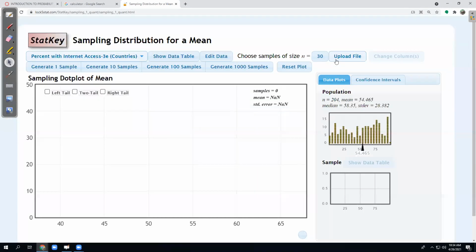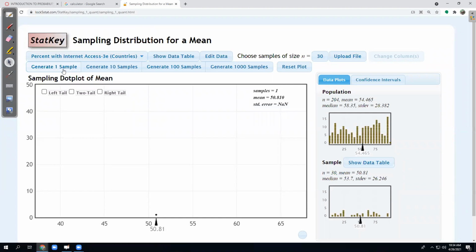If I get one of those, I randomly select 30 of the countries. There could be some repetition here because it's like looking at the cards and putting them back in the deck. So instead of the average being 54%, the average was about 50% for this one sample. Every time I do a different sample, it's going to look a little bit different. So if I do a few of them, this is the idea of sampling variability. What that means is each sample is going to be slightly different.